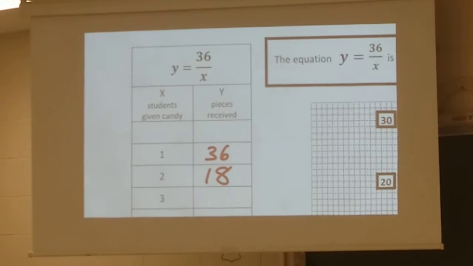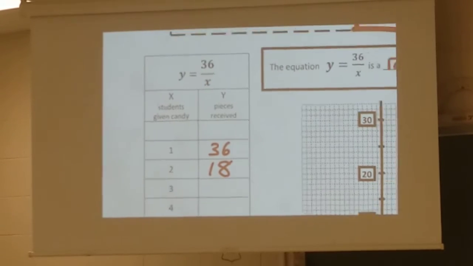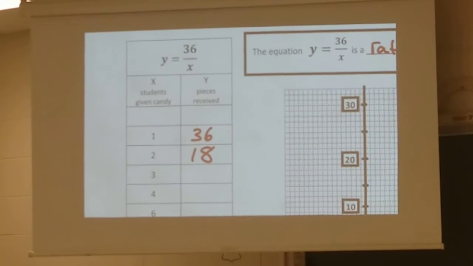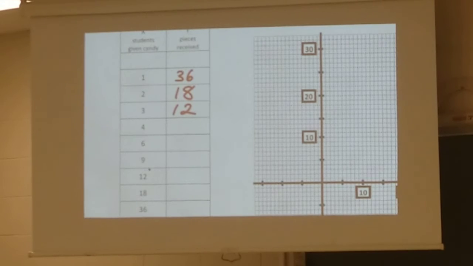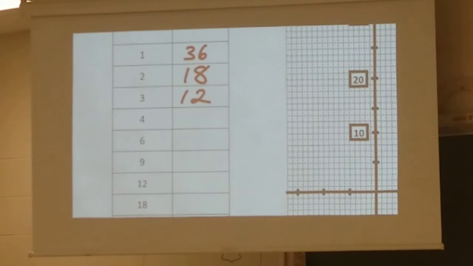Now, it's supposed to be kind of an easy math problem. You don't need me to tell you that 36 divided by 3 is 12, but I do want you to realize that that means that 3 students are each going to get 12 pieces of candy. You want to take a moment and just figure out what else people get? You're dividing by 4, by 6, and so forth and so on.